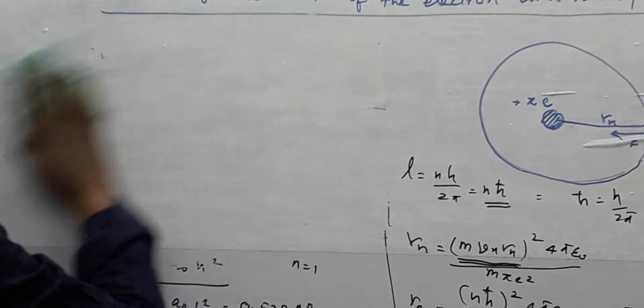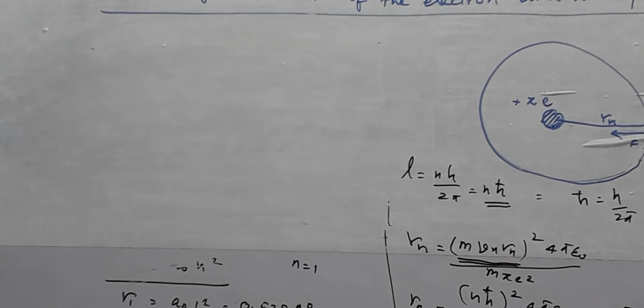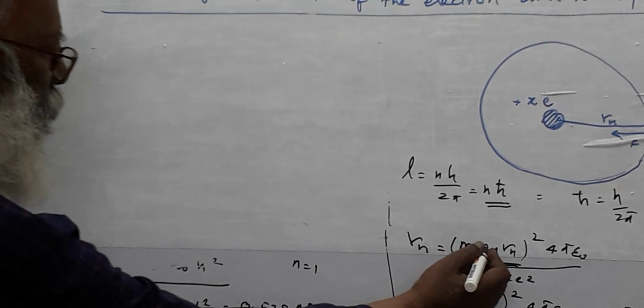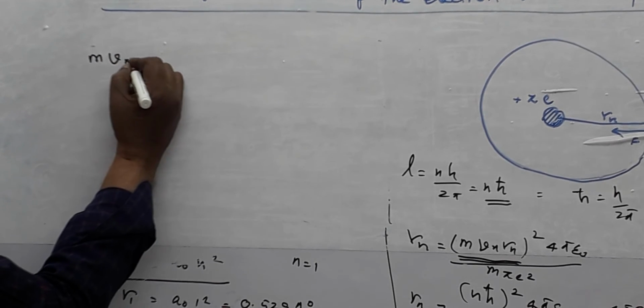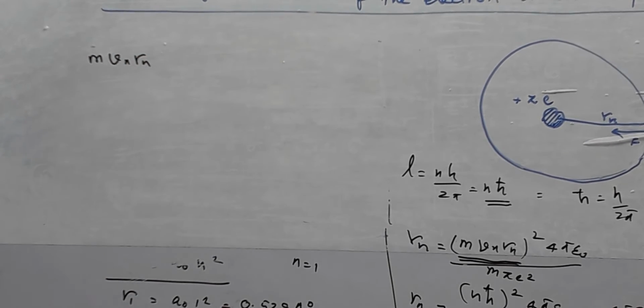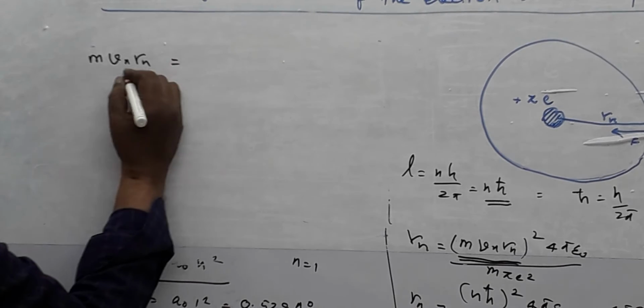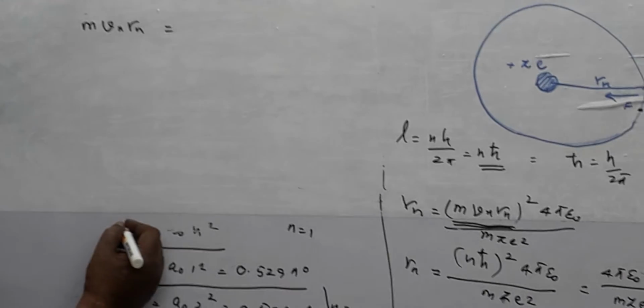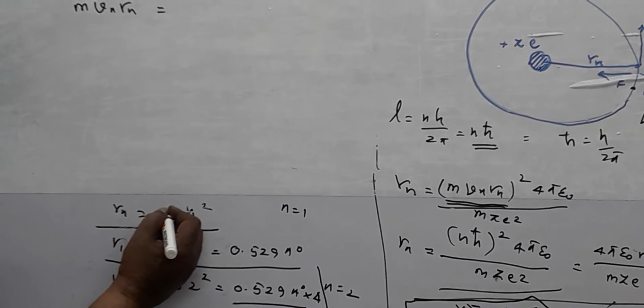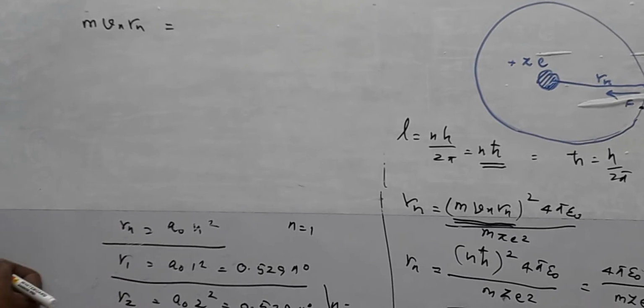For that, we know the value of mvn Rn, and here Rn equals A0 into n square.